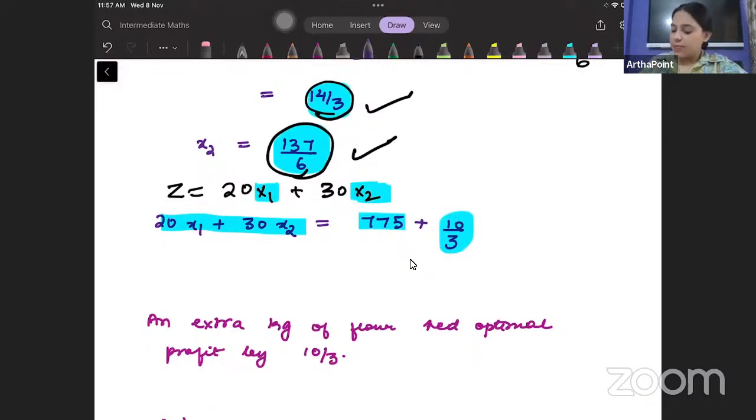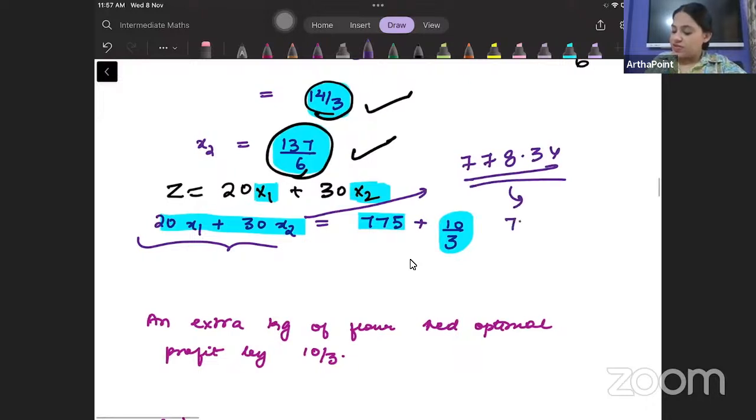In other words, आपका जो new objective function का value आएगा ना बेटा, that will come down as 778.34. ऐसी कुछ आएगी. So I can just break this back and I can say this is 775 plus 3.34. So 775 plus 10 by 3.